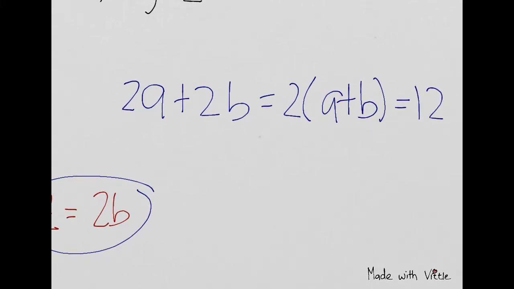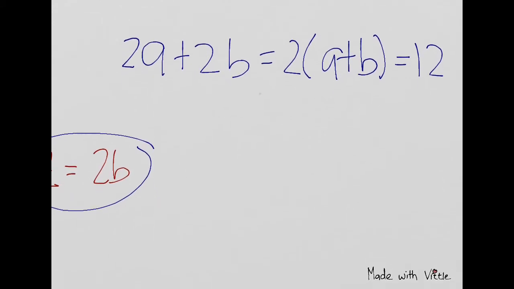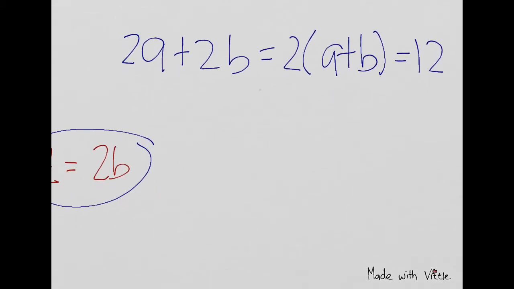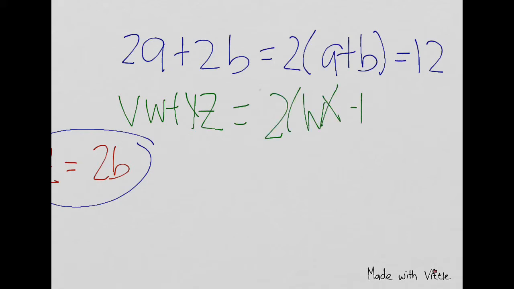Just so we remember again what everything stands for, let's write the equation out again with the original variables from the problem. So we have VW plus YZ equals 2 times YX plus XY. Gives us 12.